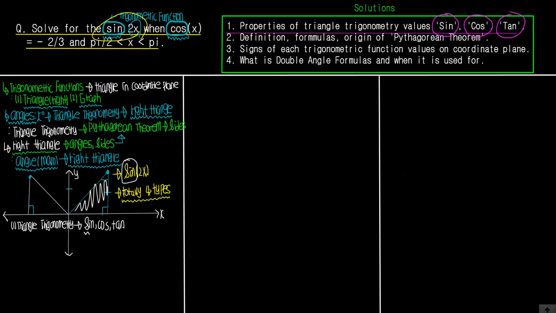First thing that we're going to talk about is our sine, cosine, and tangent. And what is the most important thing again in our triangle trigonometry? When we talk about triangle trigonometry values, the most important thing that we always need to remember is that we always need to apply this to our right triangle.